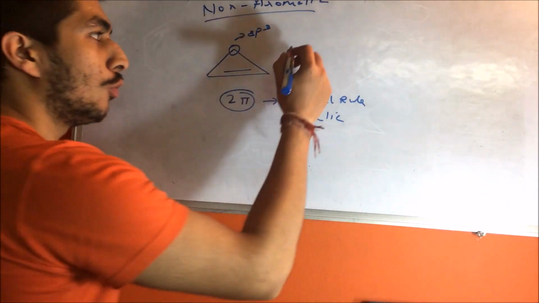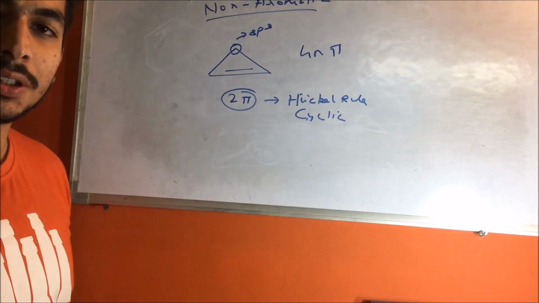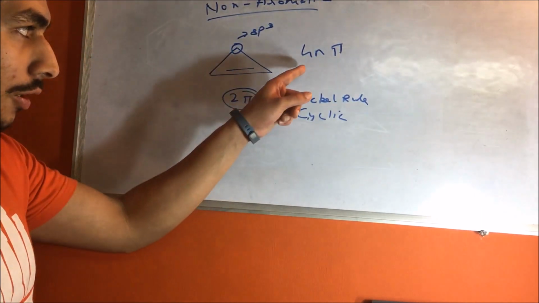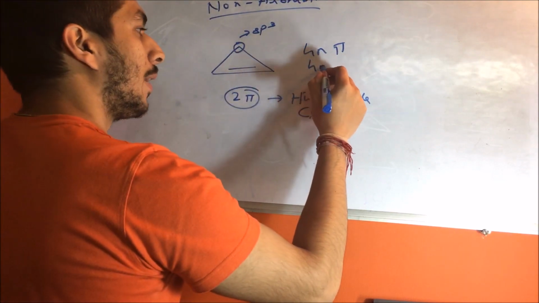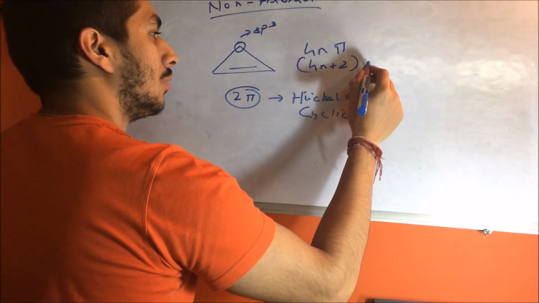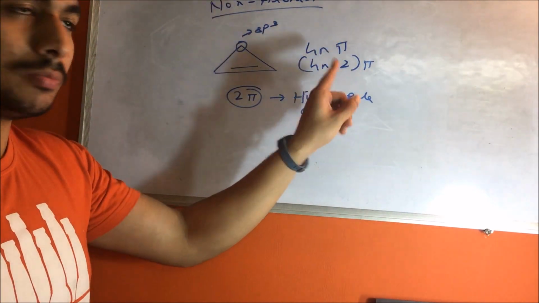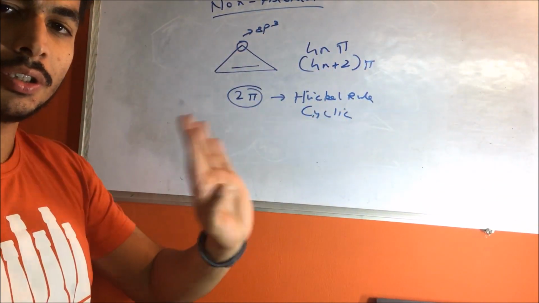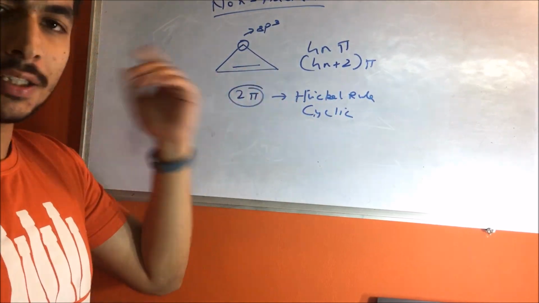They can follow the 4n pi rule or the 4n plus 2 pi rule. Just listen to me carefully because this is important. They follow one of these rules: either they are 4n pi electron systems or 4n plus 2 pi electron systems, and they are cyclic as well.